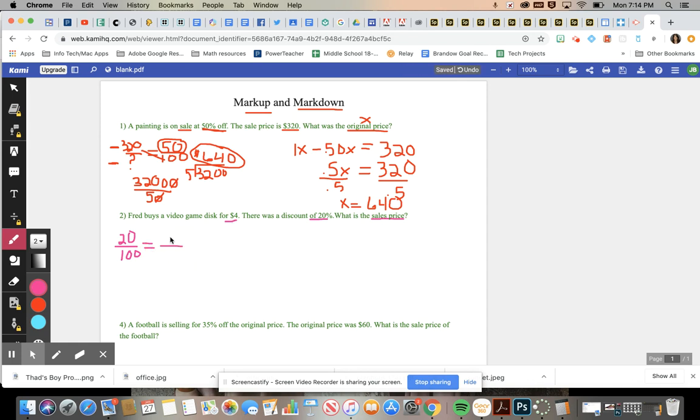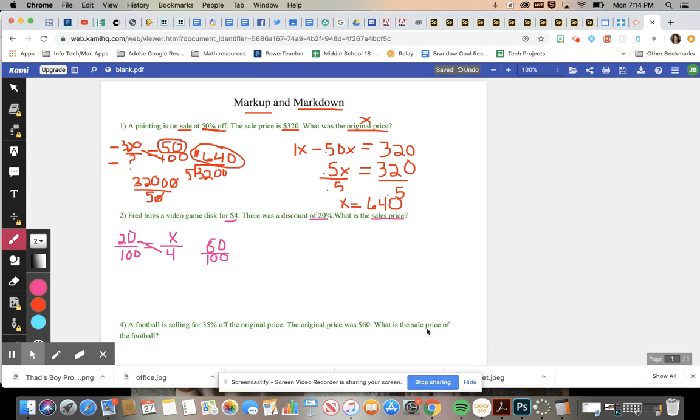Now, is $4 my part or the whole? Well, I'm looking for the sale price. And again, like on the last one, the sale price is going to be the top number. So we don't know that. So I can put an X there. That's my question mark. And $4 is going to be my whole. Because I'm finding the sale price, so I know it's going to have to be less than $4. Otherwise, I didn't do this right. So let's multiply across here. 20 times 4 is 80. And then divide it by what I have left, which is the 100.